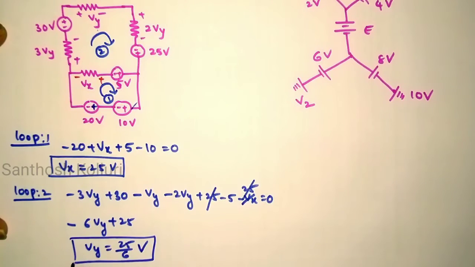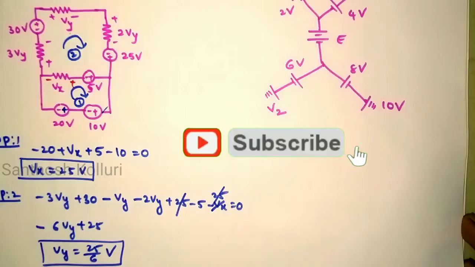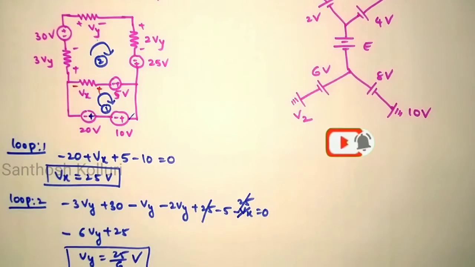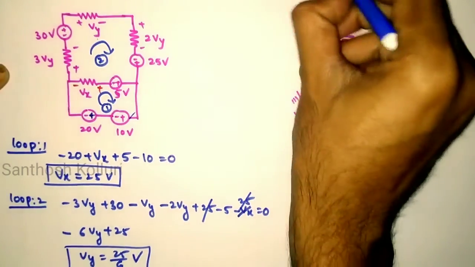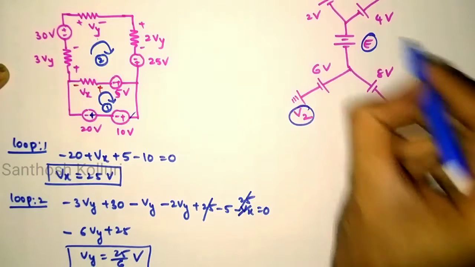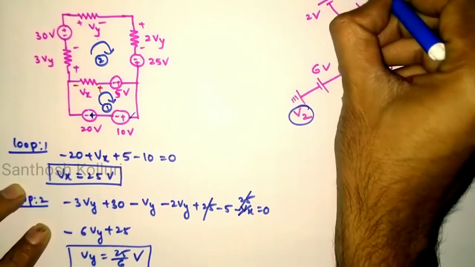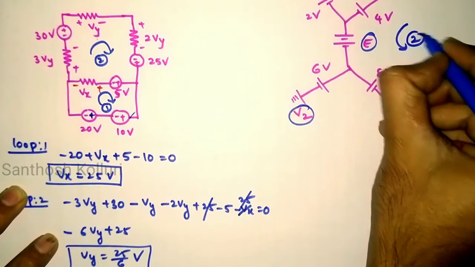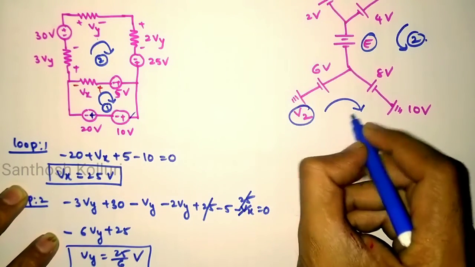Like this we can calculate the voltages by using KVL. This is another example. We need to calculate the value of V1, V2 and E. This can be calculated by using KVL application. Here we have one loop to calculate V1, another loop to calculate E, and another loop to calculate V2.